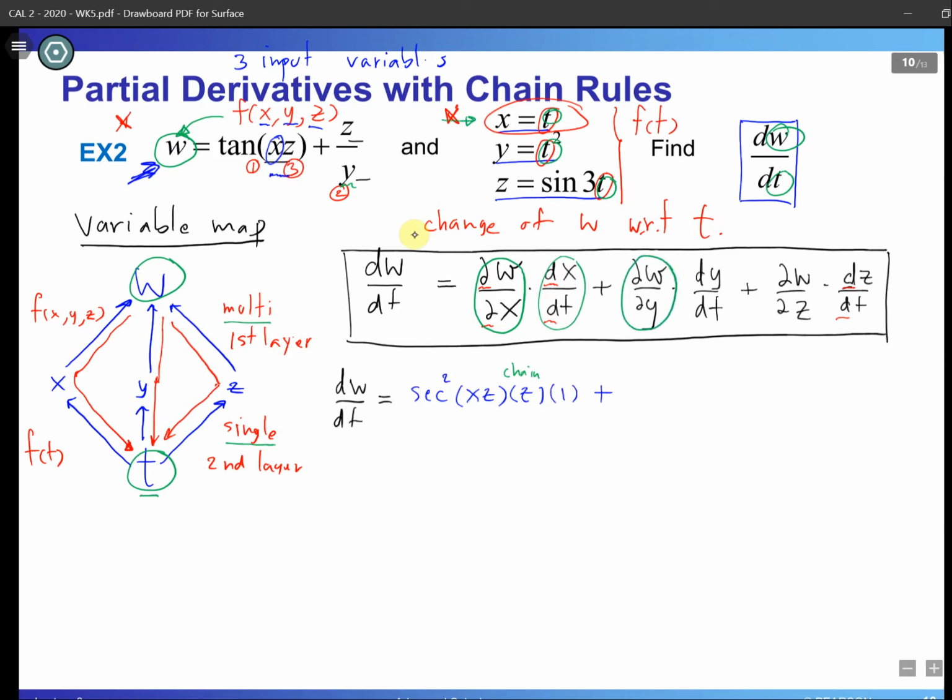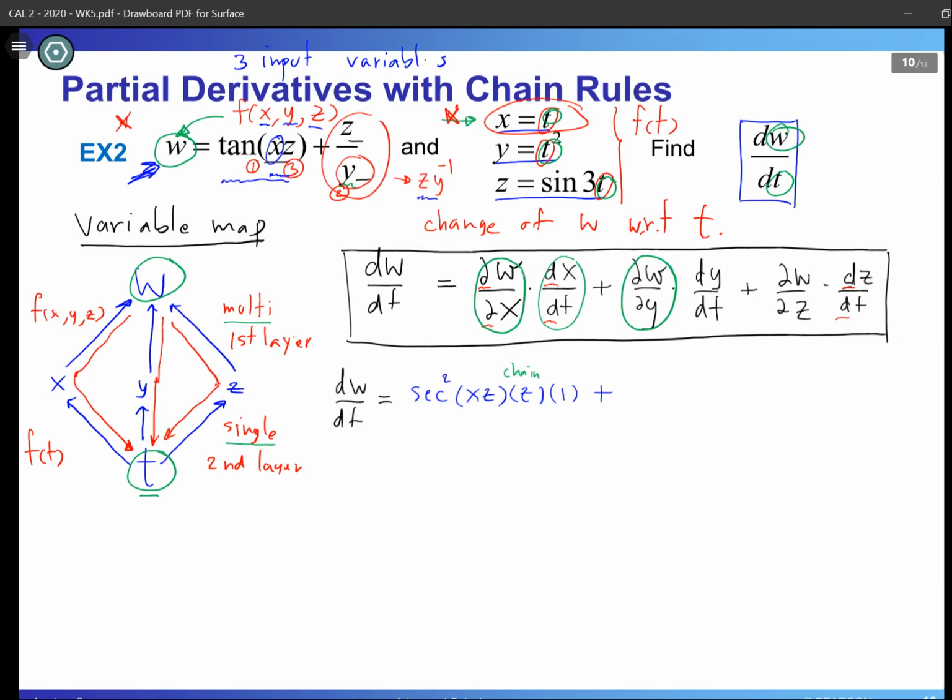So I take a look at this w right here, I see y right here. So for this term, I can change this to z times y to the power of minus 1. So we need to differentiate this with respect to y. I don't need to do that here because this doesn't have y in there. It's going to be a constant.